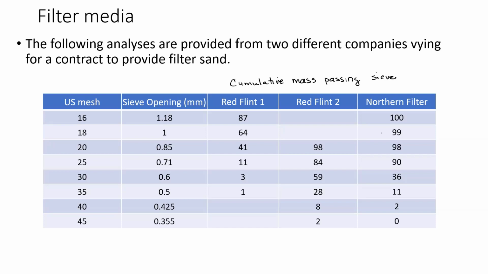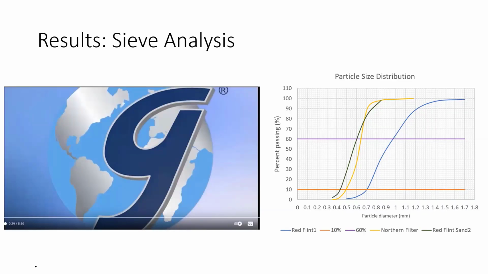So you can see here we've got mesh sizes, we've got sieve openings, and then, for instance, with the Red Flint one, 87% of the mass of sand would pass through a sieve with an opening of 1.18 millimeters. I have a video going through explaining sieve analysis, showing you how it's done. However, in the interest of time, I won't show it now, but you can watch it later.